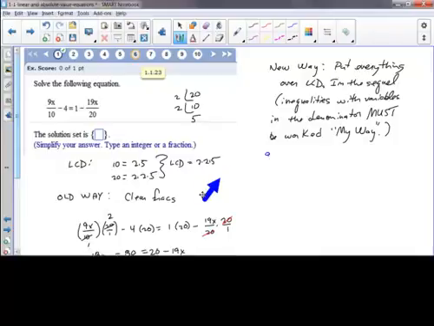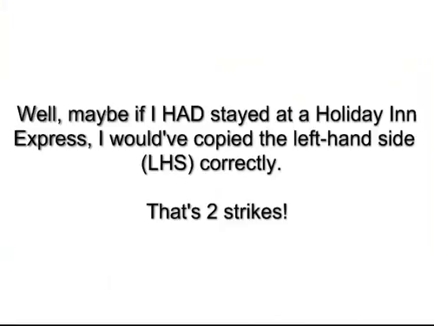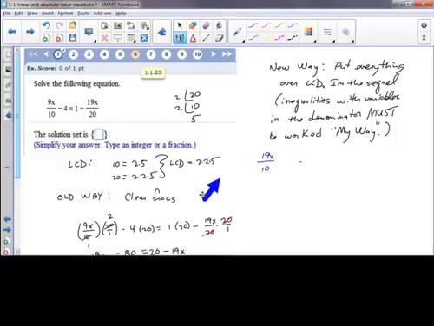Now, so I've got 19x over 10, Holiday Inn Express, that's it. I'm going to leave some space, minus 4 over 1, leave some space, equals 1 over 1, leave some space, minus 19x over 20. And I know this looks harder to you.